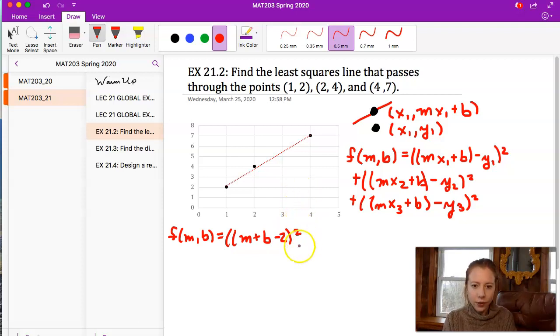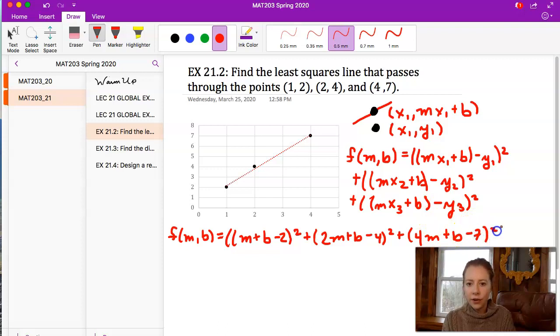Okay, plus x2 is 2, so it's going to be 2m plus b minus y2, which is 4, squared, plus our last one is going to be, let's see, x3 is 4, so 4m plus b, and our y is 7, and we're going to square that.